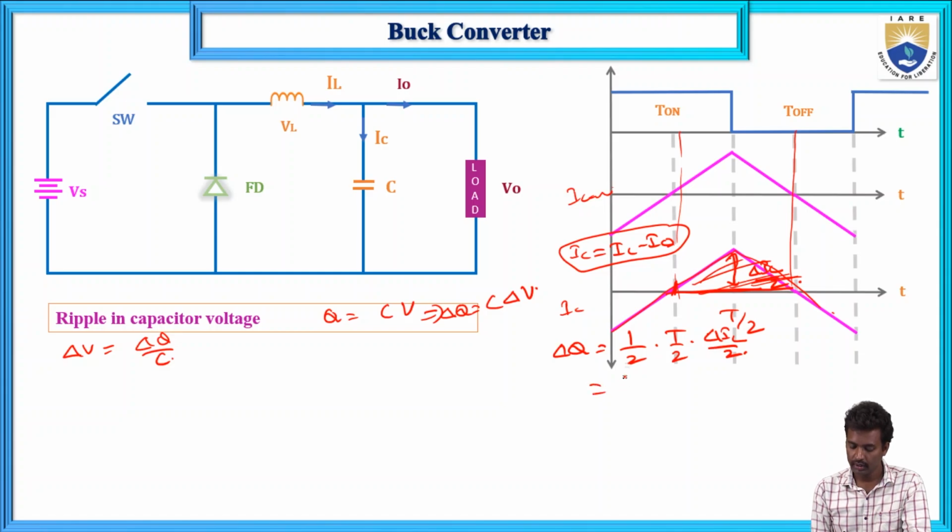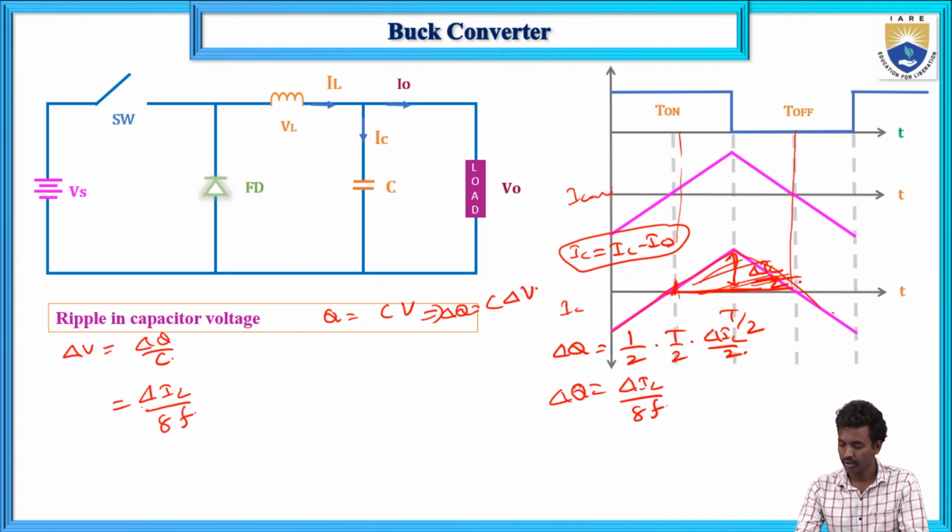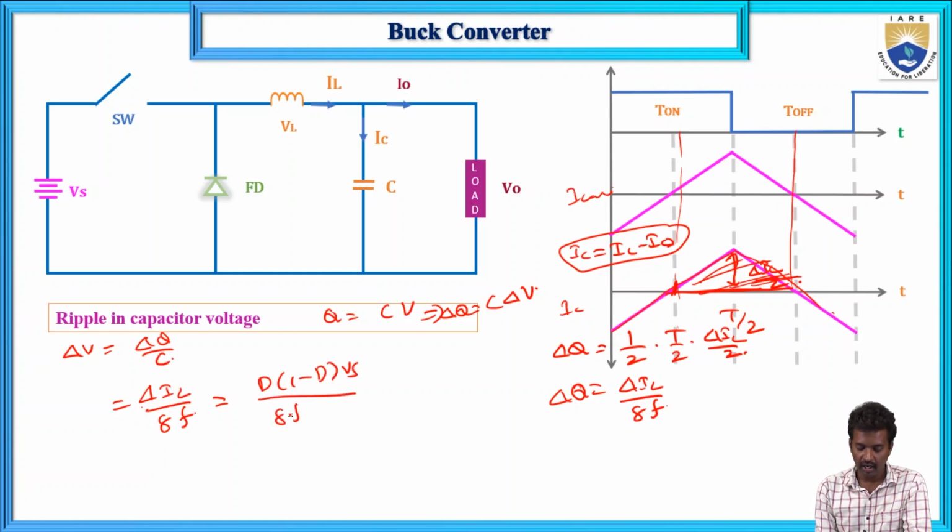That equals del IL by 8F, since T means 1 by F. Now del IL by 8F means D into (1 minus D) into Vs by 8F, and as L into F is in the denominator, that equals D into (1 minus D) into Vs divided by 8F square L. So that is the ripple in the capacitor.